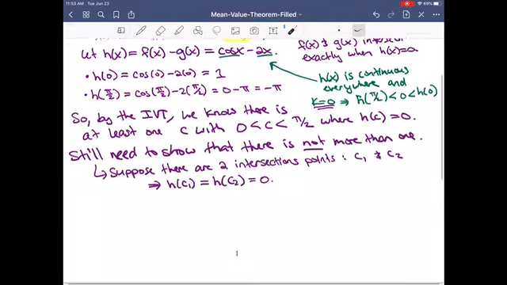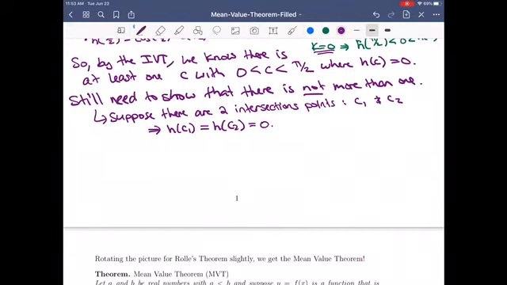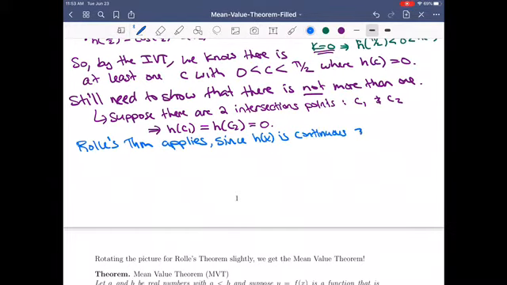Okay, so I'm just going to write a little bit of what I just said. Rolle's theorem applies, since h of x is continuous and differentiable everywhere, so definitely between C1 and C2, and h of C1 is equal to h of C2.